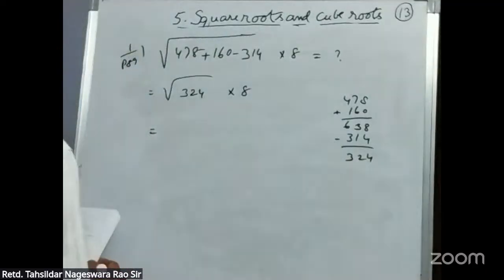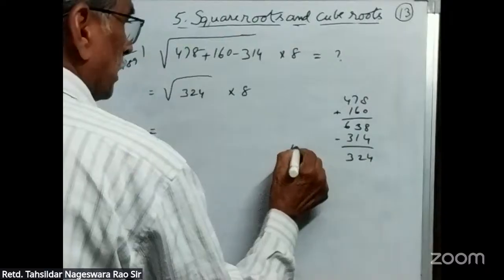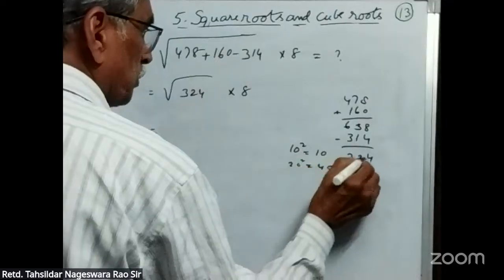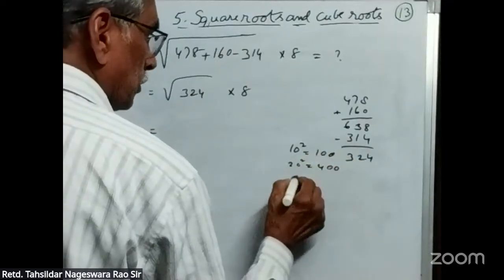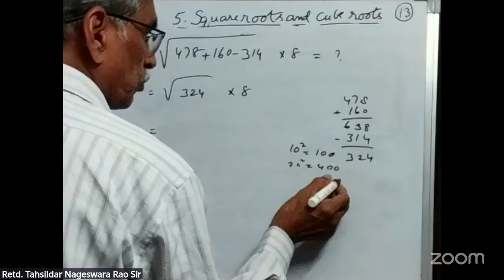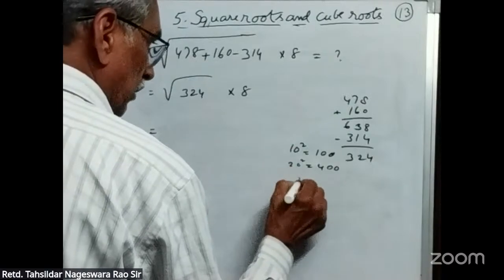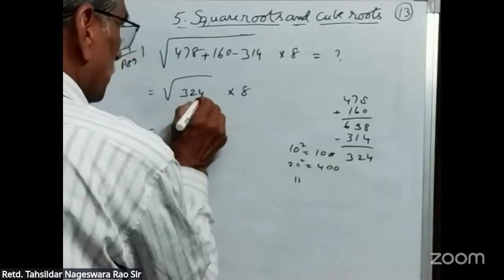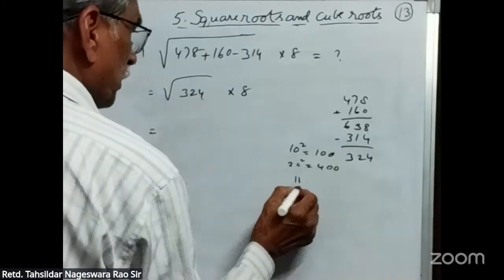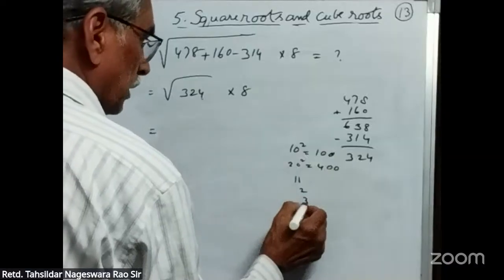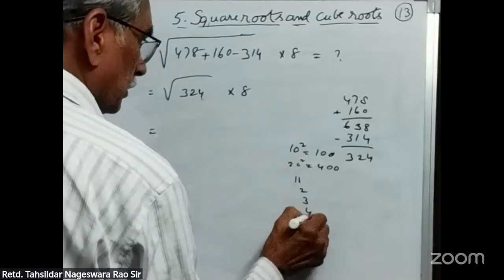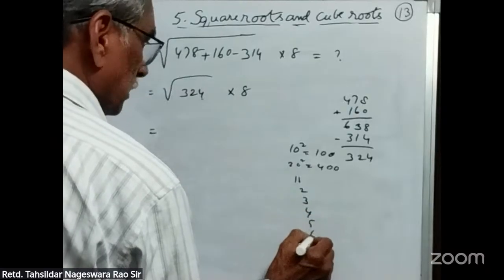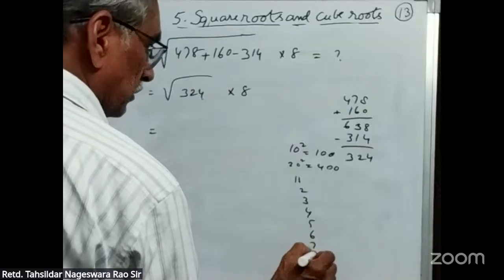Yesterday I told you, 10 square is 100, 20 square is 400. This is between 100 and 400, towards 400, that means 10, 11. If it is 11, the number should not end in 4. 12, there is a possibility, but 12 square is 144. 3, 9; 4, 16; 5, 25; 6, 36; 7, 49; 8, 64.